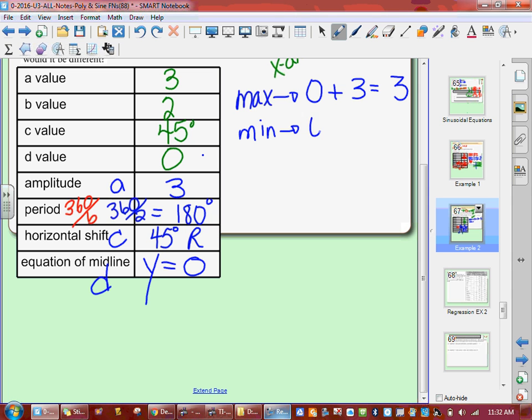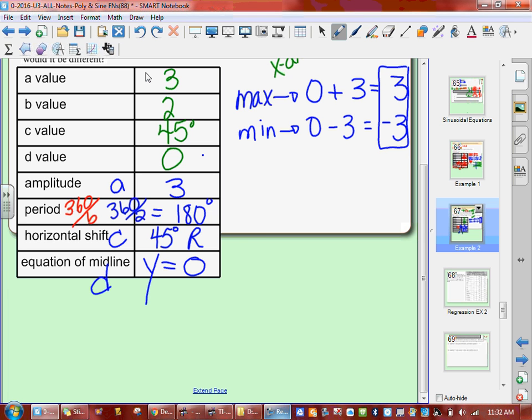The answers will be identical, positive and negative, if the d value is 0. So if your d value is 0, amplitude's 90, your max is 90, min's negative 90. Whenever your d value is 0, just take your a value, one of them's positive, one of them's negative, for max and min.